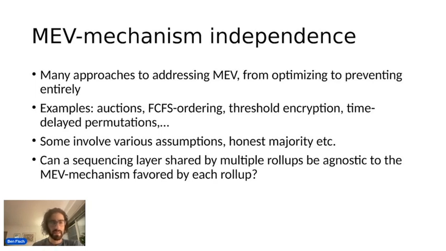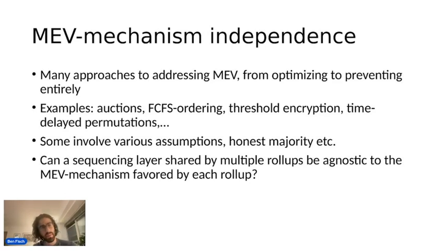So there are many examples of approaches from auctions to first come, first serve ordering protocols, threshold encryption protocols, time delay permutations, etc. Some involve various assumptions, such as honest majority assumptions. So the question here is whether a sequencing layer that is shared by multiple rollups can be agnostic to the MEV mechanism favored by each rollup.